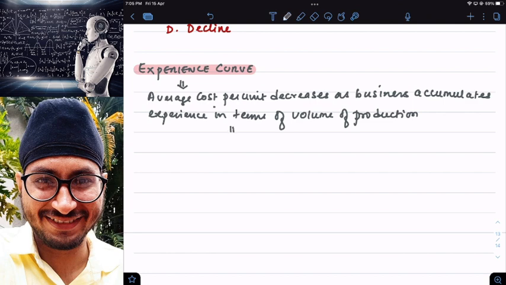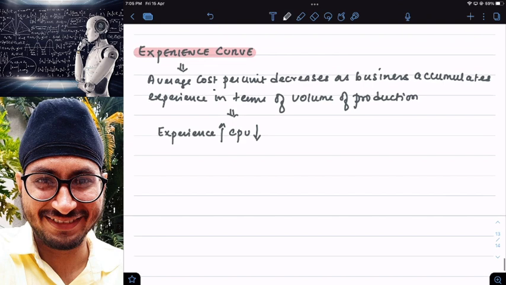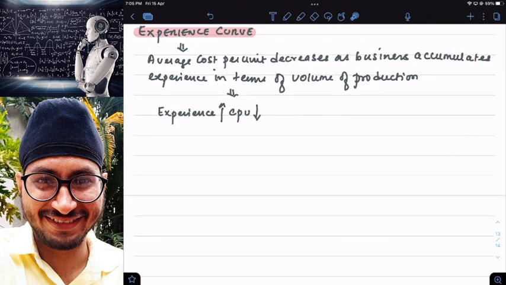In simple words, as experience increases, cost per unit decreases. Simple. The more experience I have in the business, the lower the cost will be. Why? Because of economies of scale. But how to get experience, sir? How to achieve the experience curve?